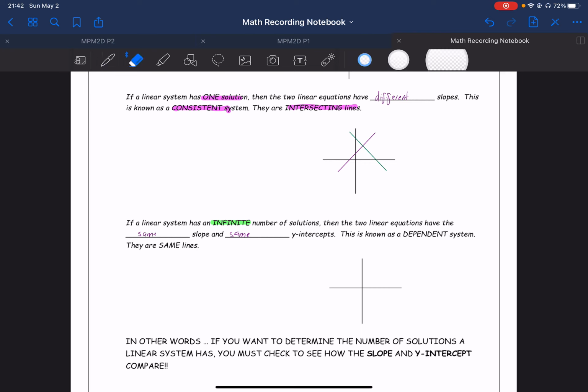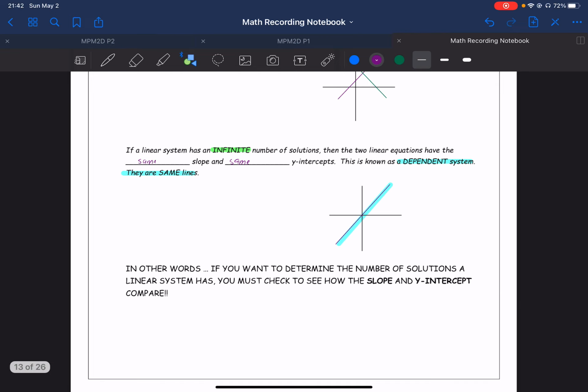They're dependent systems. They depend on each other, aka they're the same line. So I'm going to show this by having one of these lines being highlighted, and then I'm going to go through it the exact same way with a red line. They're the exact same lines.